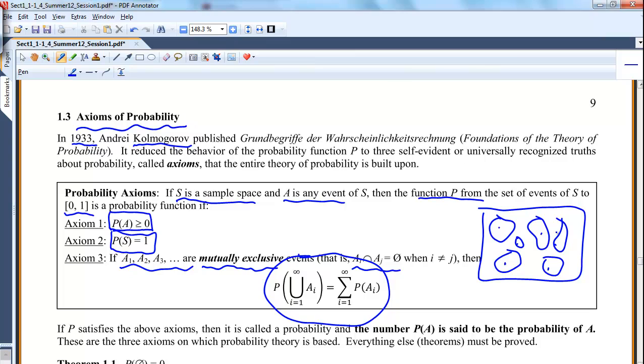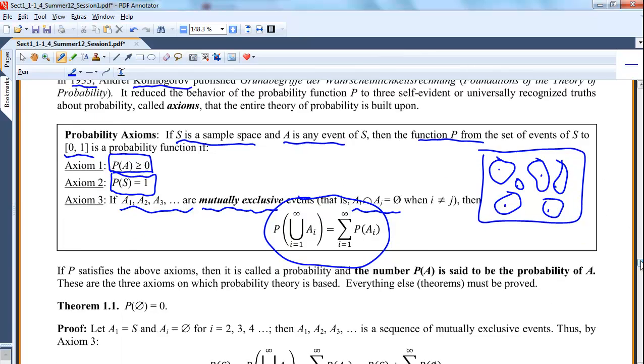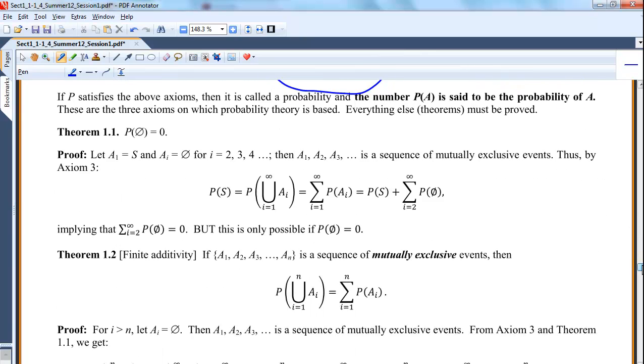So it's a nice property. When things are mutually exclusive, you can add away and you don't have to worry about their intersection because it's empty. So with those axioms, we can go through and prove a lot of theorems in probability. By the way, if P satisfies those axioms, we say the number P of A is a probability, the probability of event A.